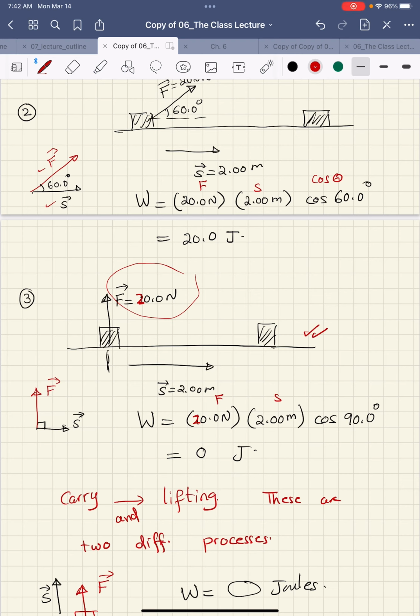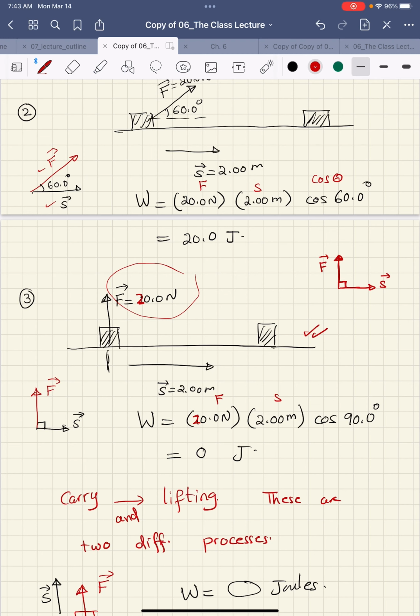In order to carry it, I need to overcome the 20 newtons, and I am moving to the right. Then my force of carrying it should be upward, and the displacement is to the right, so this is 90 degrees.